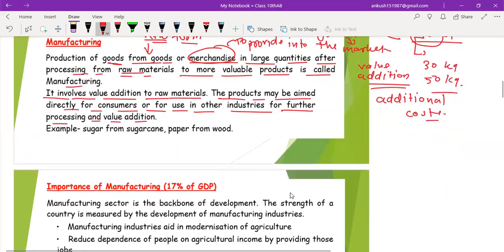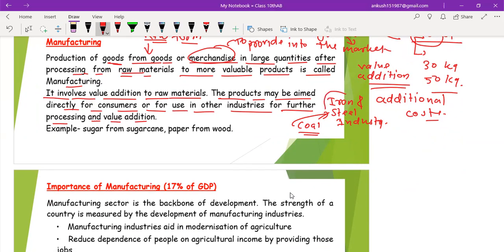Let us take the example of the iron and steel industry. Iron and steel is produced using coal as a raw material. Are you getting my point? Iron needs coal. Coal is the raw material for extracting iron and steel from it.